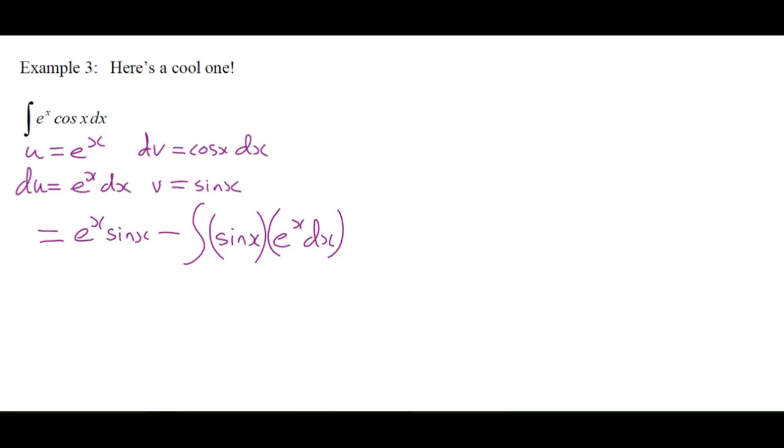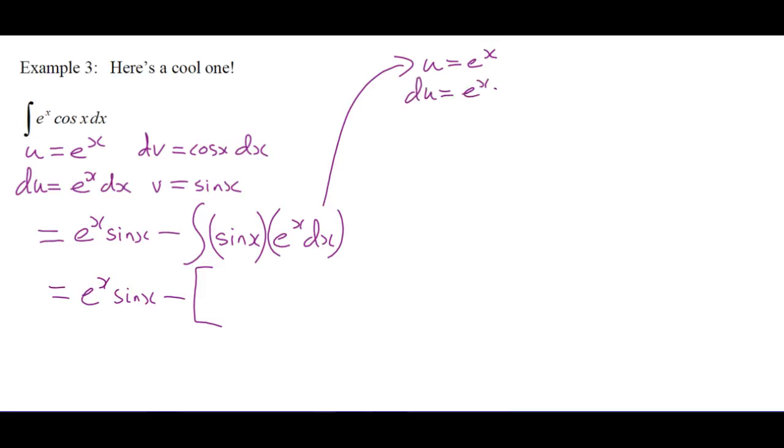So we're going to go up here and say, well, let's do the same thing. We'll let u equal e to the x, and du will equal e to the x dx, and dv will be sine x dx. So what's v? Negative cos x.